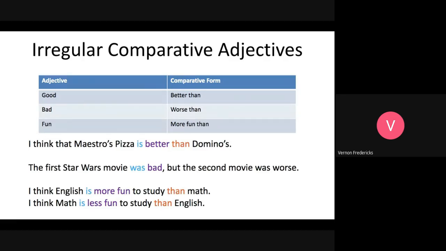We're also speaking about things that we know. The first Star Wars movie was bad, but the second movie was worse. I already know I'm speaking about the Star Wars movie, so I don't have to put in than. That's my subject, and because I know what my subject is, I don't have to repeat it in the second part of the sentence.